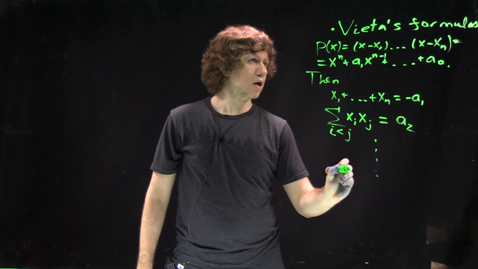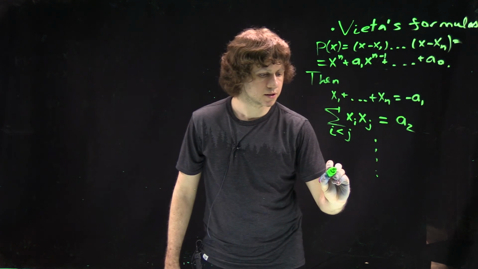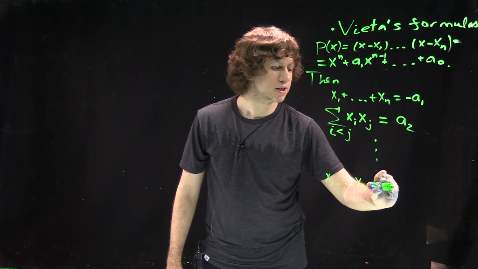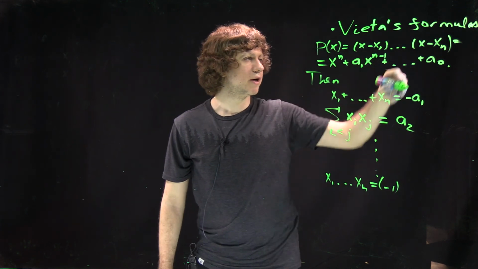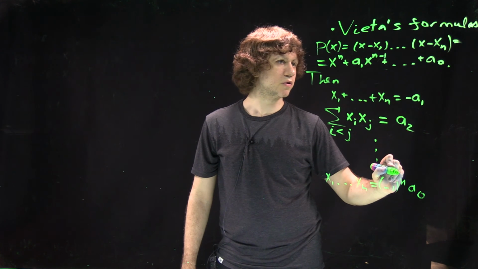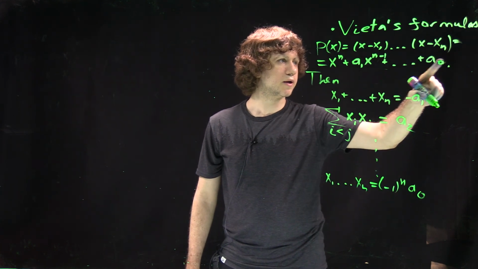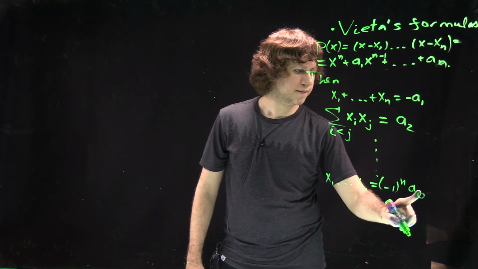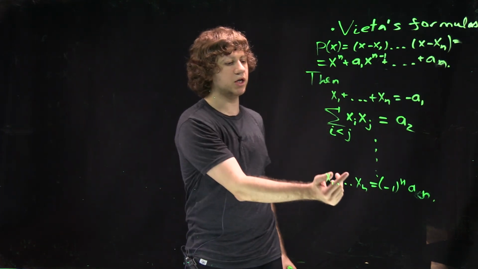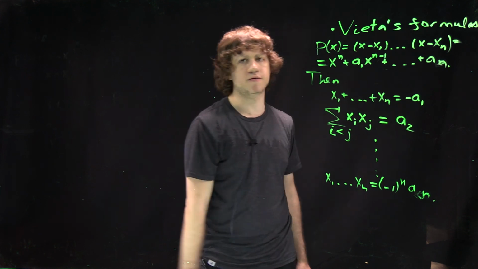And so on, up to the product of all of them, x1 times xn, which equals, and the sign depends on the degree, minus 1 power n, a0, sorry, a n. So this is a way to relate roots and coefficients.